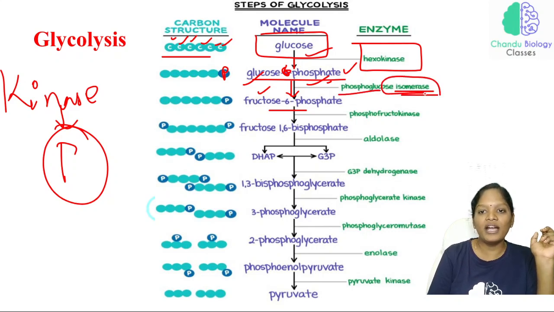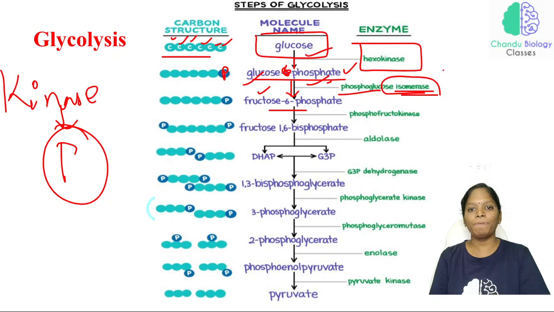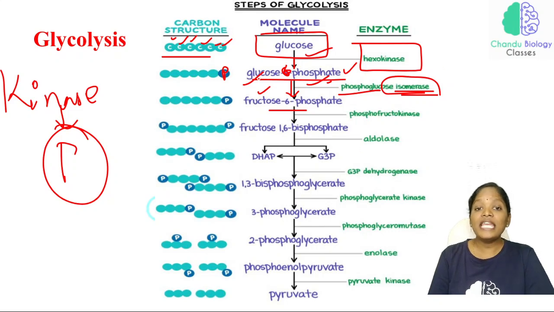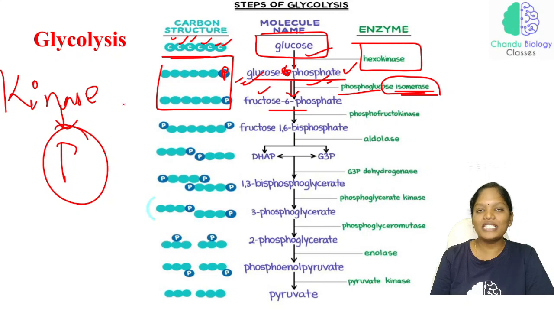Isomer means same molecular formula but different structural formula. So C6H12O6 for both glucose and fructose, but their structure is different because of the presence of a different functional group.